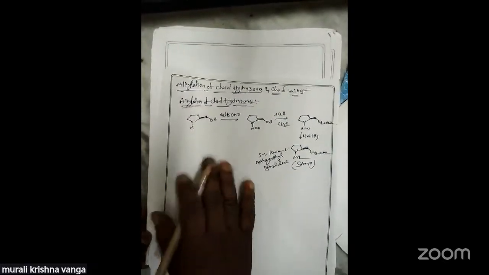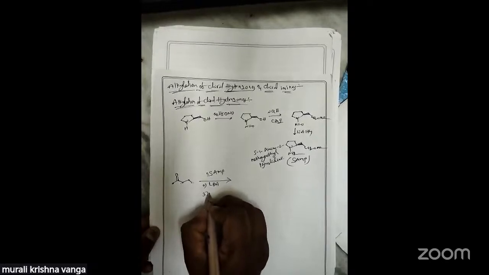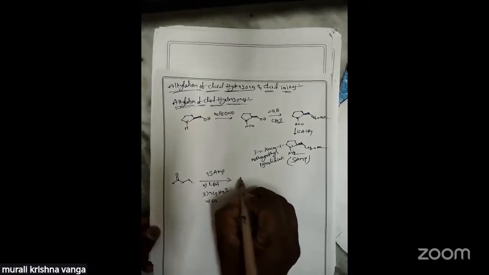So alpha propylation of 2-pentanone we are going to see. 2-pentanone, when reacting with SAMP, then lithium diisopropylamide, then reacting with n-propyl iodide, followed by hydrolysis, ozonolysis, then gives our product again, and gives the chiral auxiliary.